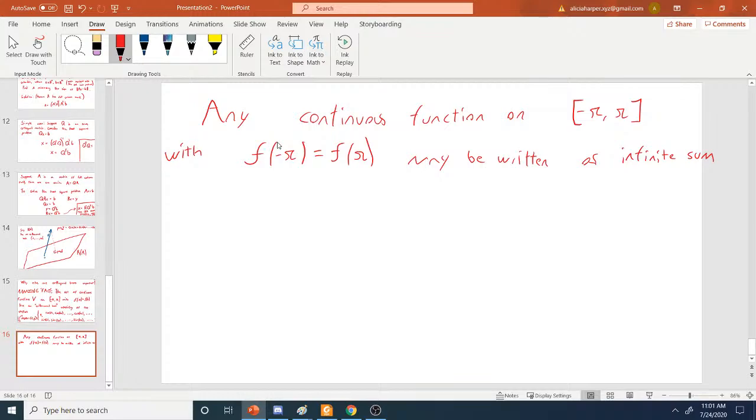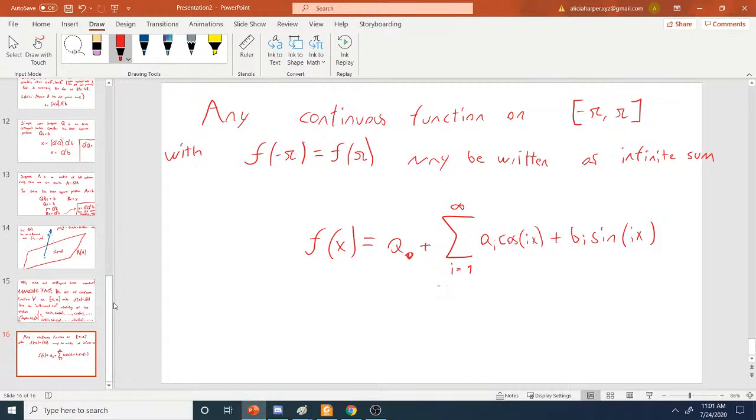And the infinite sum looks something like this. f of x is equal to, actually, I'll write it like this, A0 plus the sum from i equals 1 to infinity of a_i cosine of ix plus b_i sine of ix.